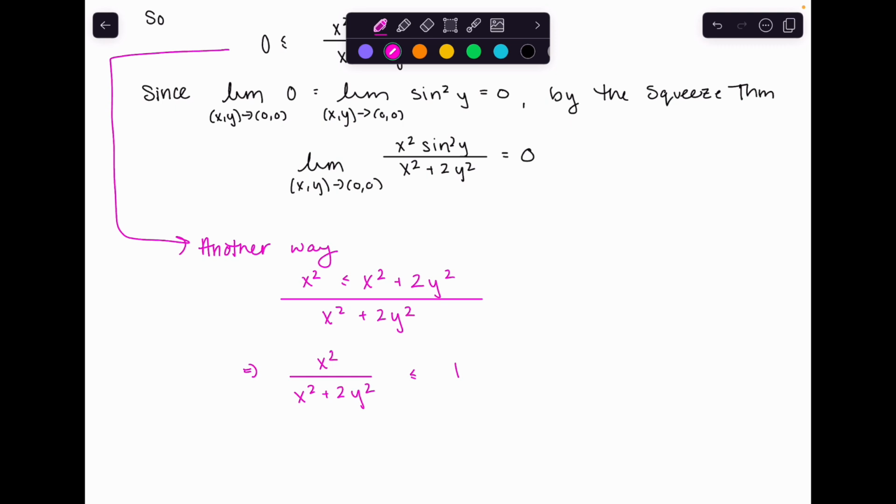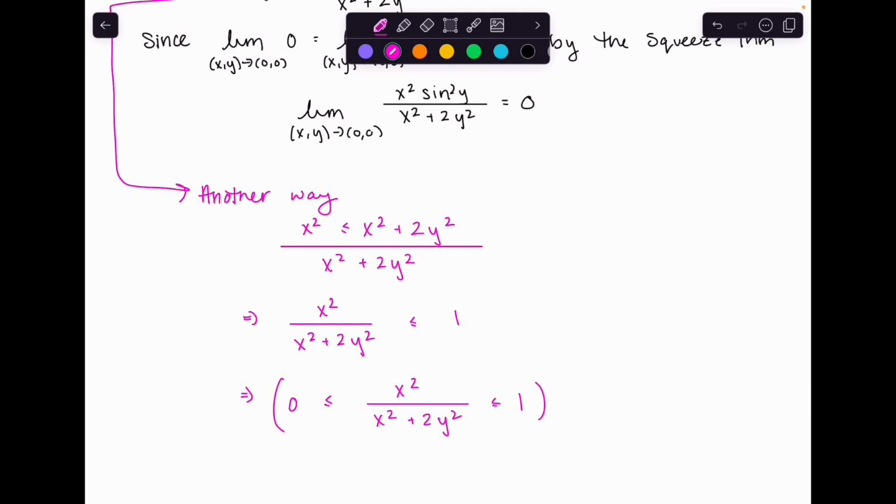And then from here, you know the left-hand side is also non-negative, so we get this inequality. Then you can multiply by sine squared of y because it's non-negative, so it's not going to flip the inequality.